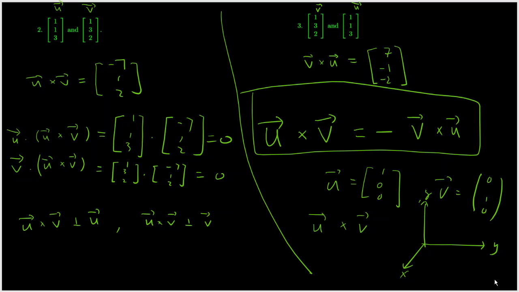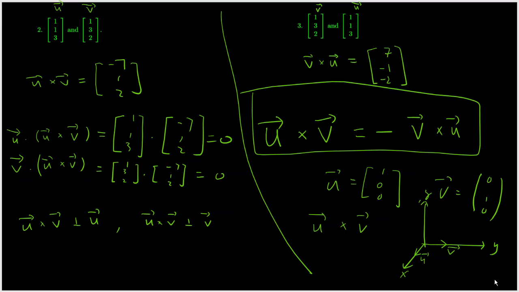The unit vector 1, 0, 0 is a vector we mentioned before. The vector v is 0, 1, 0. That's essentially the vector j in here, right? That's vector u, and that's vector v. Now we're trying to determine the cross product of u and v. Now get your right hand, please.